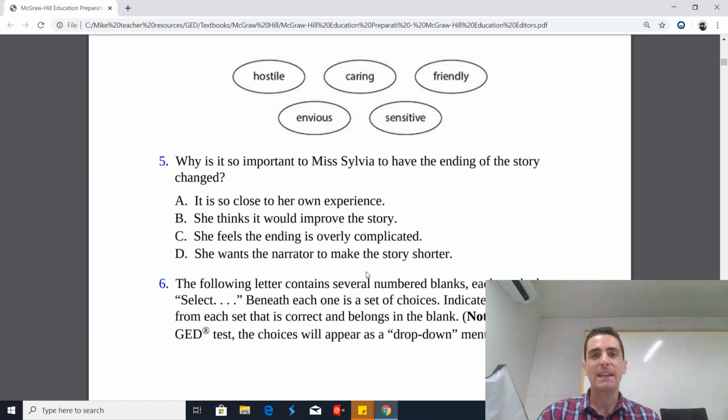It's more about her connection to the story in real life, the parallel connection that she has. So it must be A here, I think. It is so close to her own experience. Yes, she wants the narrator to change the ending of the story because it reminds her. It's like a mirror image of what she experienced when she was a kid or a youth, a teenager, whatever it was. So it has to be A there.